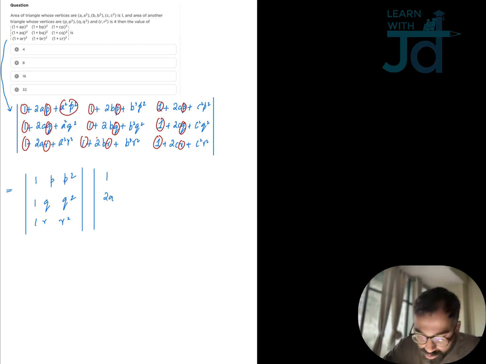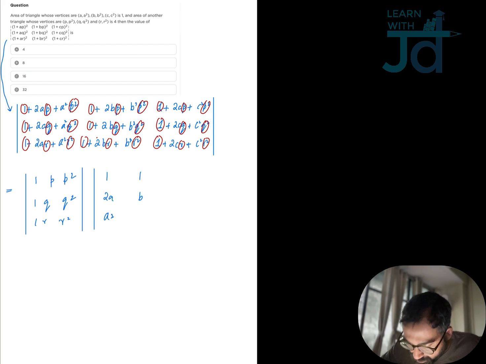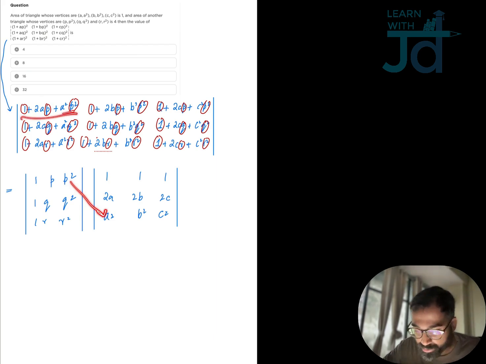So you can see still a p square common. See, still p square, still r square, a common still. So you will have to multiply with a square. Here 1, b, 2b, b square will come, 1, 2c, c square will come, right? So now if you see the multiplication, 1 into 1 is 1, 1 into 1 is 1, p into 2a is 2ap, p square into a square is a square p square, and all of it gets added. Take any row, it will work. This and the second row, let's see. 1 into 1 is 1, c1.